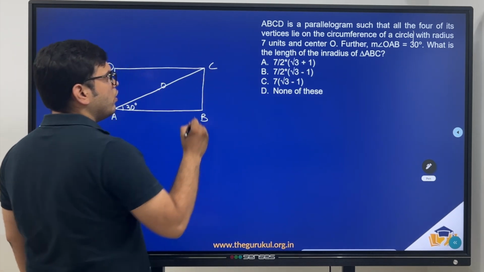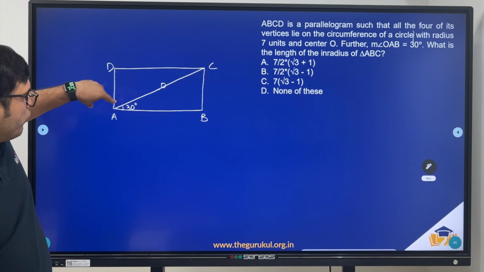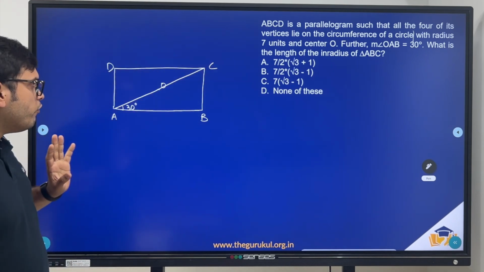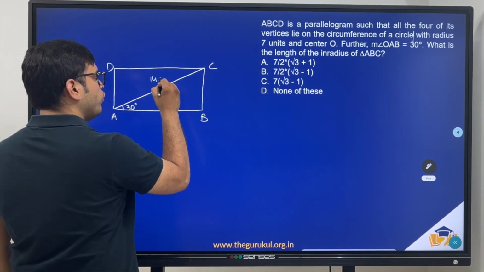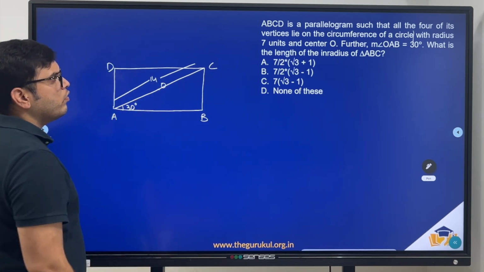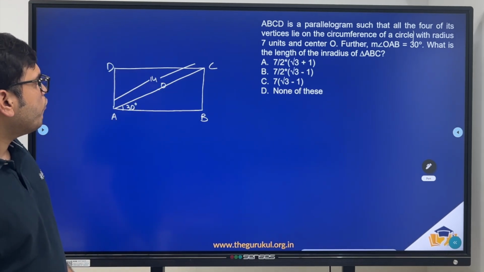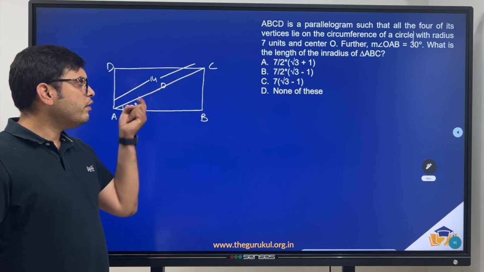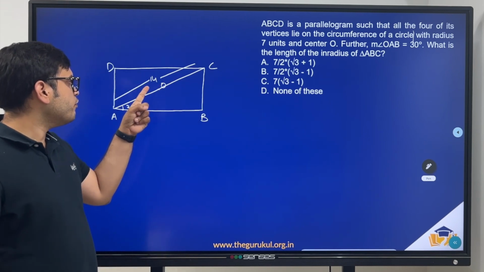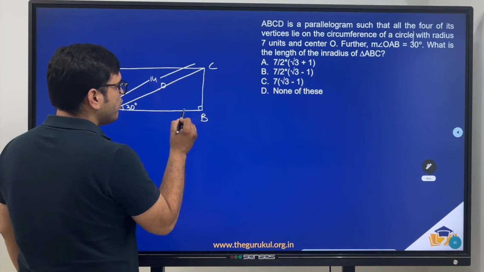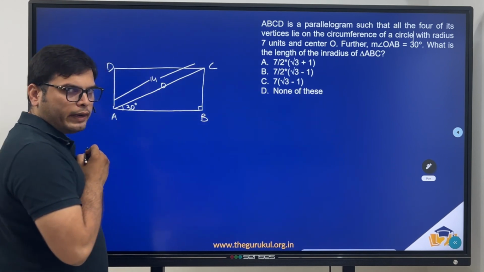The radius is given to be 7 units, so AC will be the diameter of the circle, which is 14 units. Now we are asked to find the inradius of this triangle.